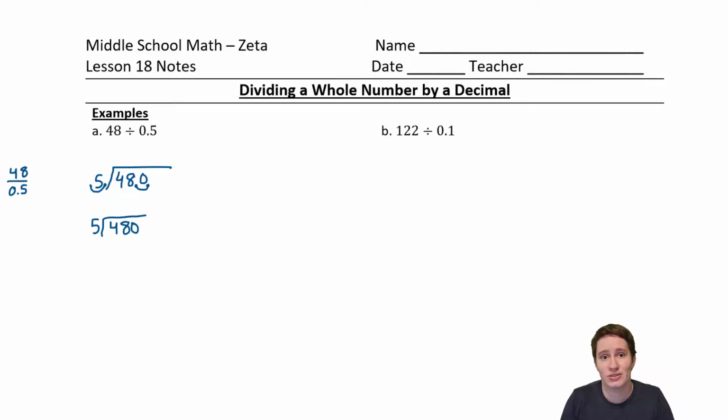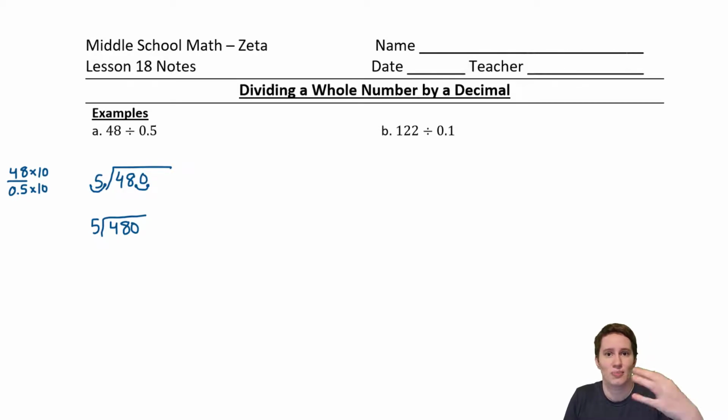You have to do the same thing on top and bottom, otherwise you've changed the number. So what we're doing when we move the decimal over to the right one spot is we're really timesing by 10. That's what moves it from 0.5 to 5. But in order for us to do that to the 0.5, we also have to do that to the 48, which is how we're getting 480.